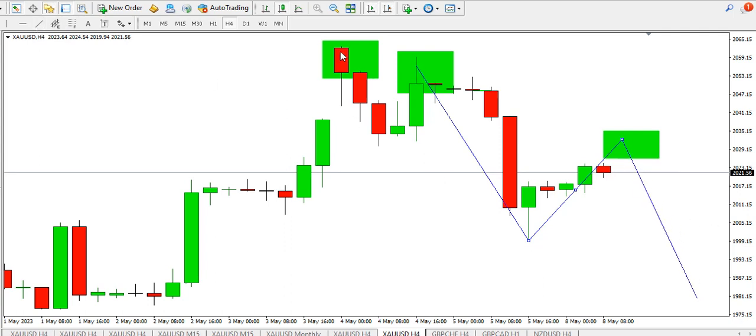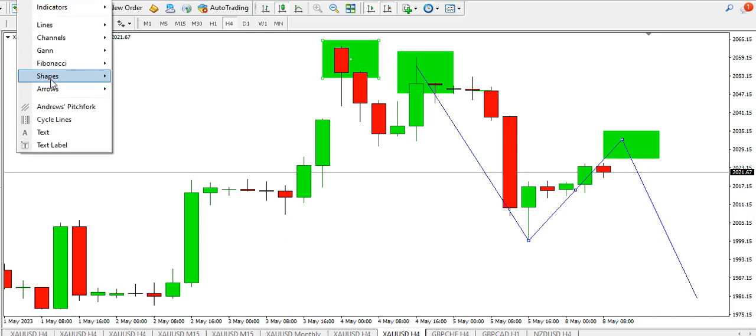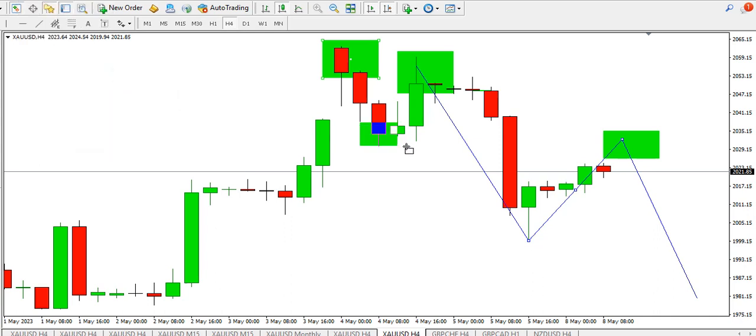We have a high around here, a high around here, a high around here, then we have a low on the 4-hour time frame, then we have a lower high, because this high is lower than this high, so this high is called a lower high.